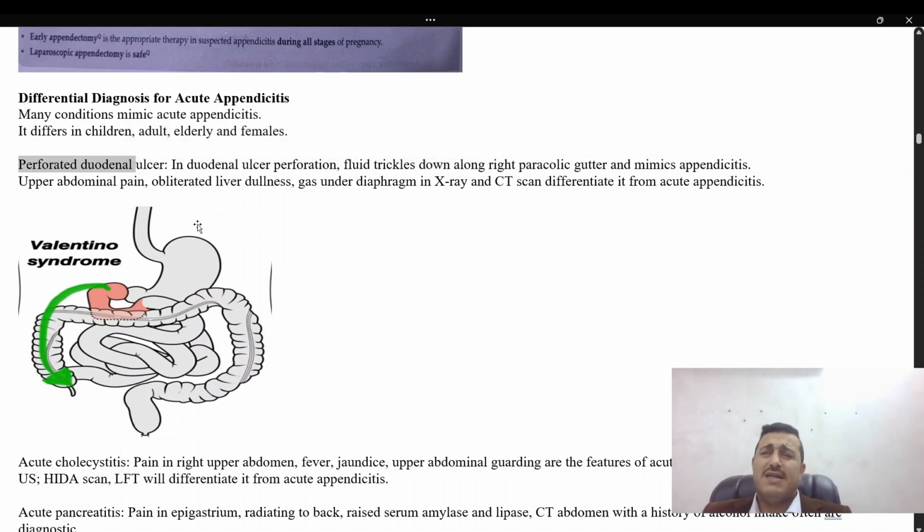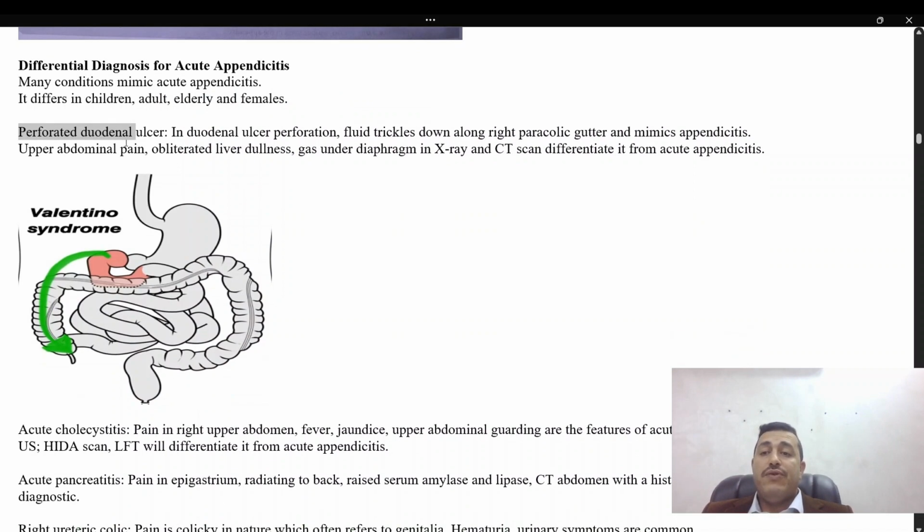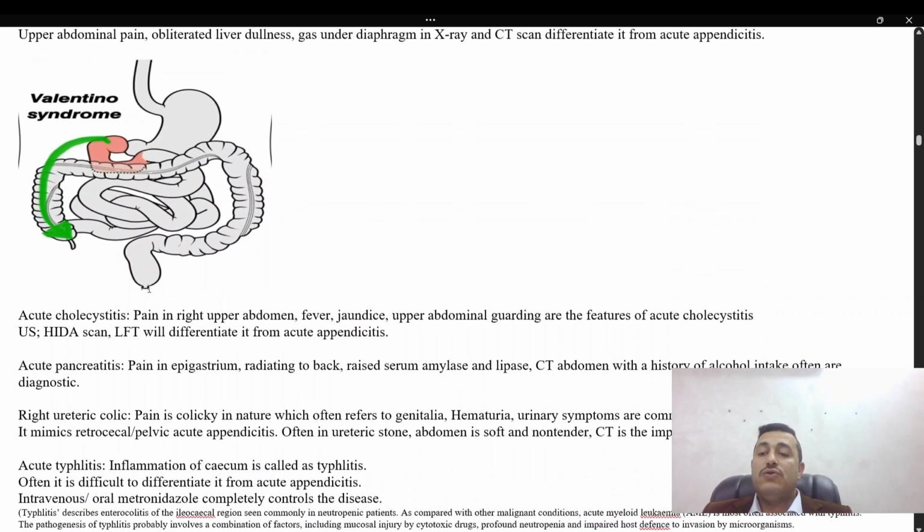We said appendicitis starts as umbilical pain, and in perforated duodenal ulcer, in one scenario the leaked fluid travels through the right paracolic gutter and collects in the right iliac fossa. So it mimics free fluid in appendicitis with a ruptured appendix, but actually it's a perforated duodenal ulcer. This is what we call Valentino syndrome.